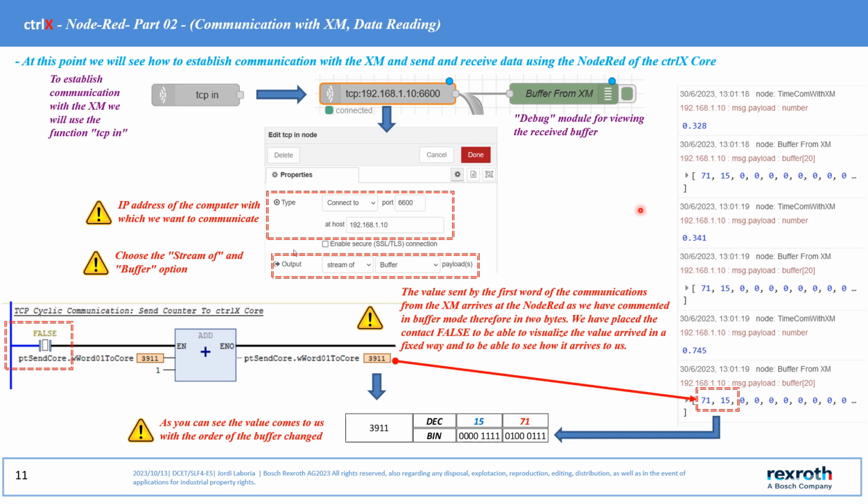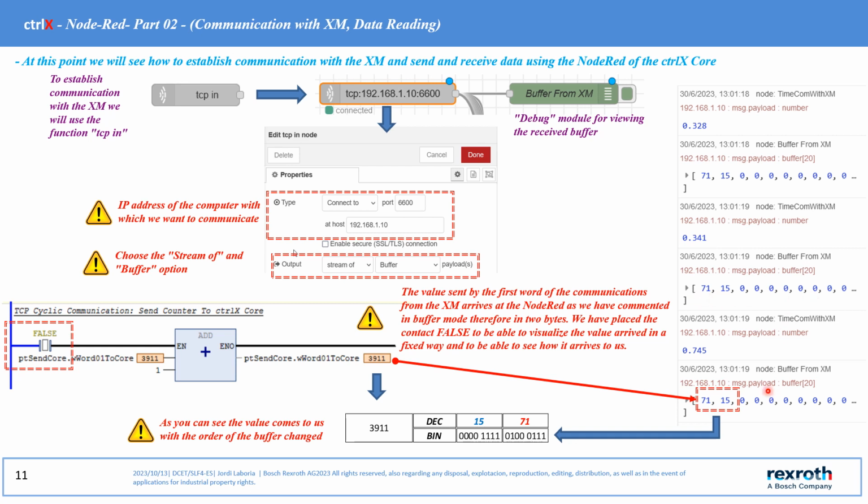If we observe the debug module indicated, the structure sent is a buffer of 20 elements. This means 20 bytes, although the actual structure used is 10 words. Therefore, what we are seeing is all the bytes corresponding to the 10 words.